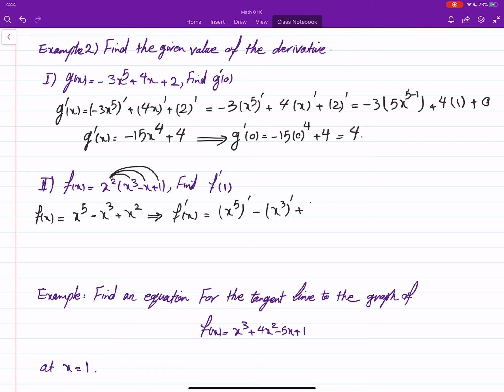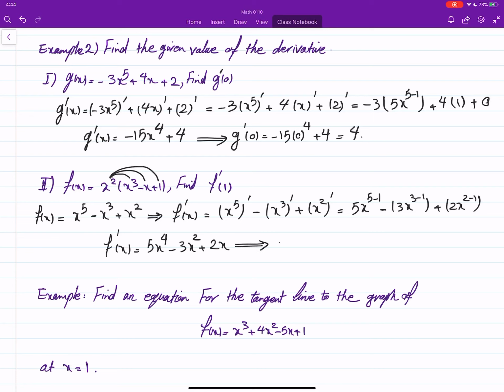So we can apply first the sum or difference rule, and then to find the derivative of each one, we can use the power rule. 5x to the power 5 minus 1, 3x to the power 3 minus 1, 2 times x to the power 2 minus 1. Then what we found, f prime is 5x to the power 4 minus 3x to the power 2 plus 2x. Now plug in the value.